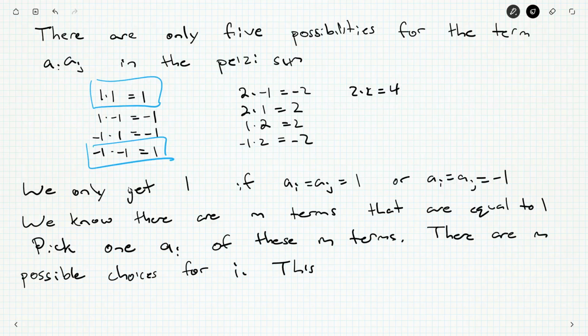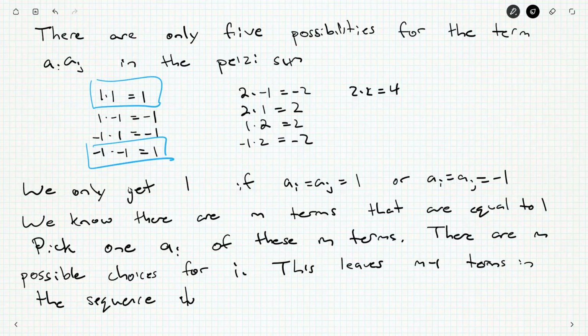Once this one's chosen, this leaves m minus 1 other terms in the sequence to choose for a_j equal to 1. Okay? So there are m times m minus 1 ways to choose our product.